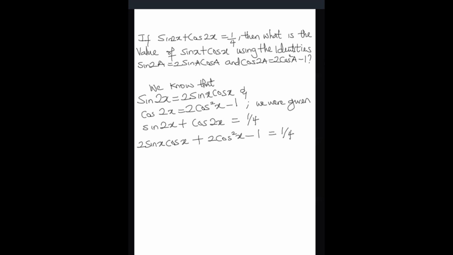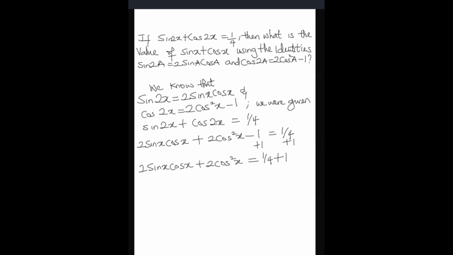So the first thing I do now is to add 1 to both sides, so my negative 1 here can go to the other side. If I add 1 to both sides, this becomes 2 sine x cos x plus 2 cos squared x, which is equal to 1 over 4 plus 1. So if you look at this now, what's common between these two expressions?